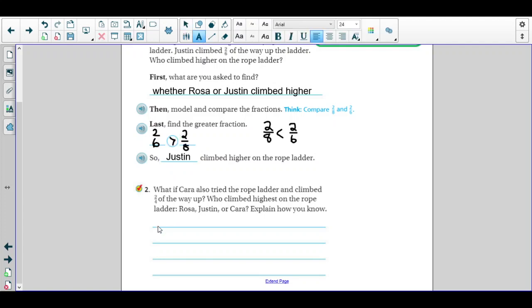Part freak of nature and part billy goat, I guess, if she is climbing a rope ladder that far up. Okay, so Kara climbed the highest. All right, explain how you know, and that's just something along the lines of comparing using the everyday math.